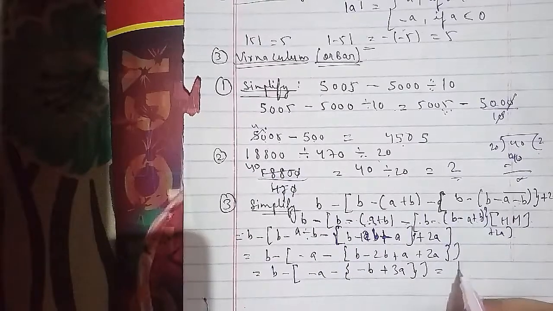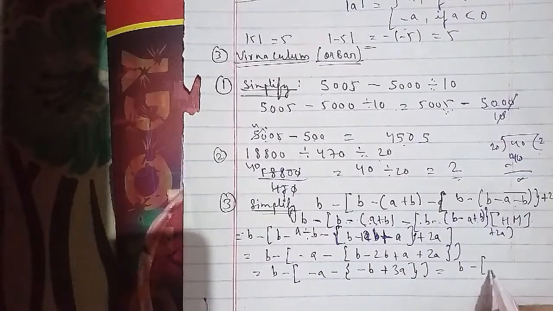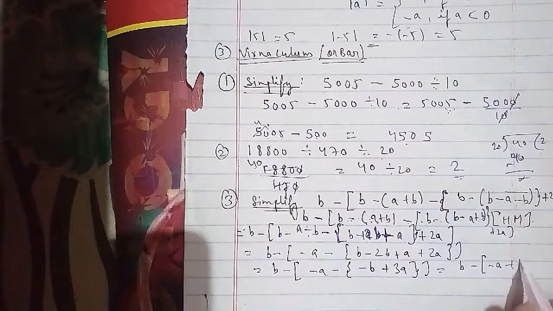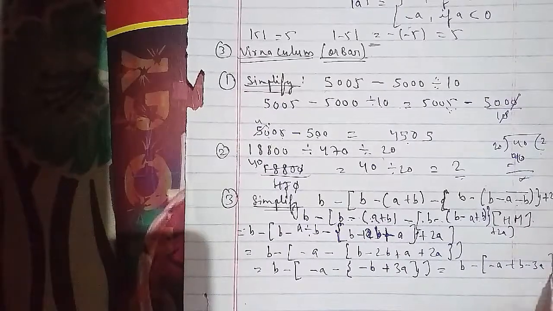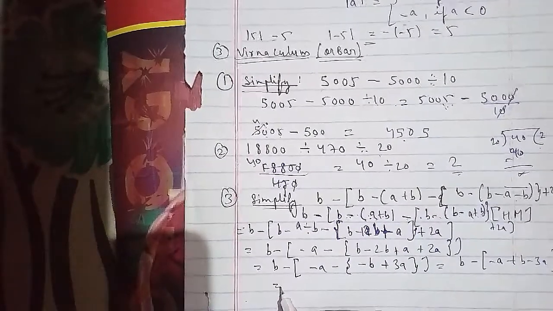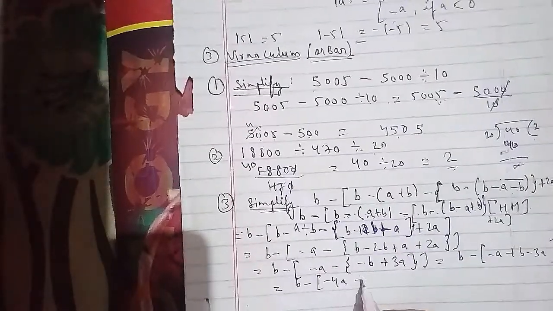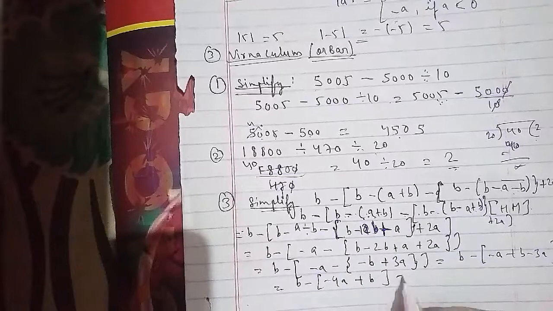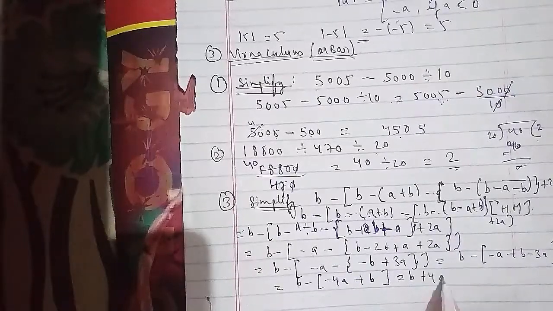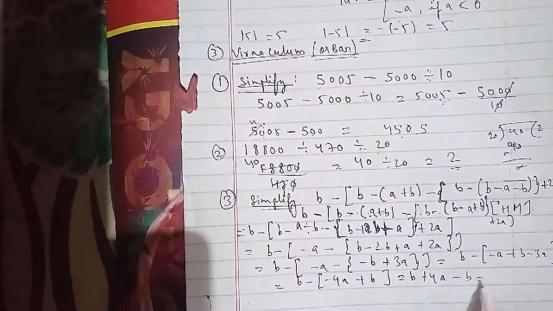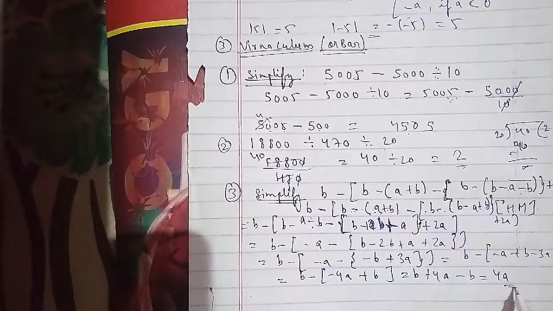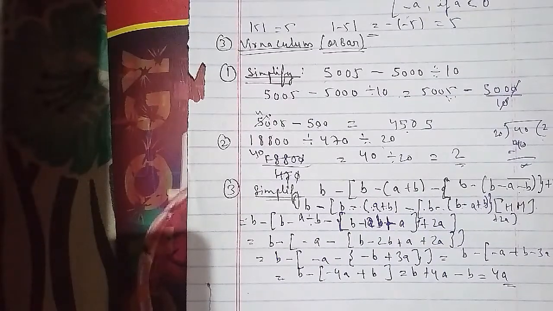Then further, b minus long bracket minus a plus b minus 3a. Then b minus 4a plus b, which equals b plus 4a minus b, equals 4a. That is the right answer. So the answer we get is 4a.